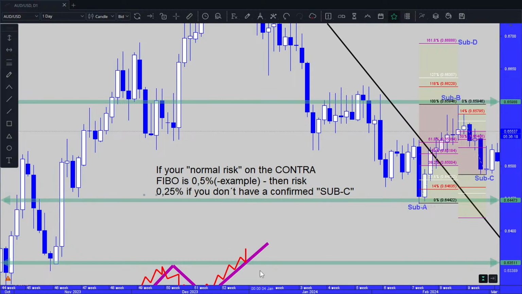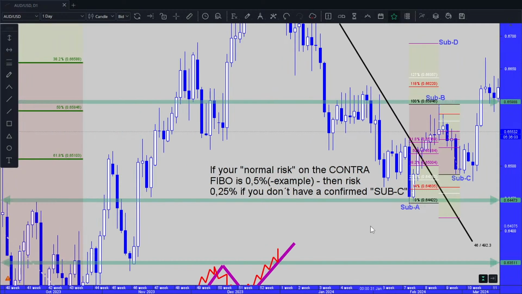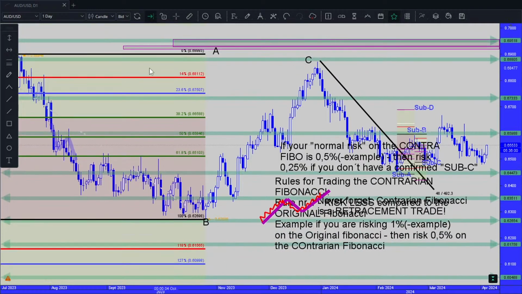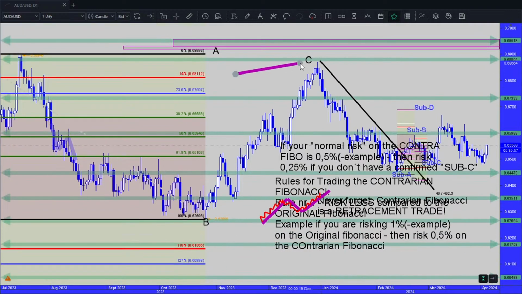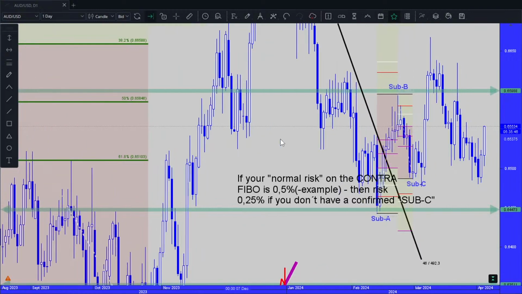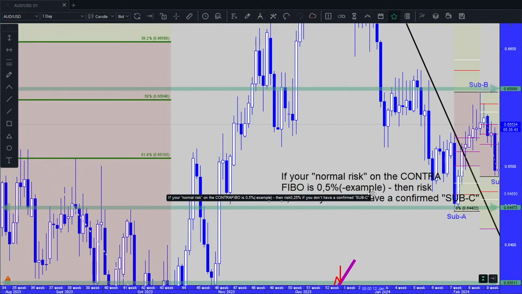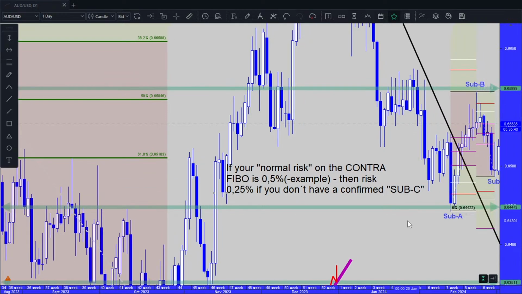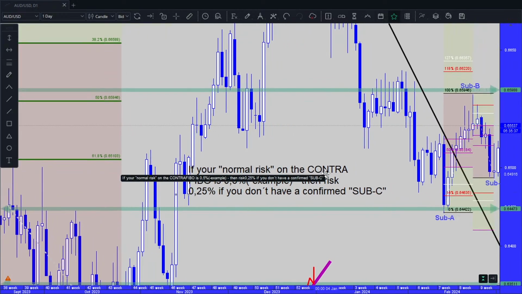Does the capital C depend on the first contrarian Fibonacci? Sometimes yes, sometimes no. If we're talking about the capital C of the original Fibonacci, the answer is sometimes yes, sometimes no. But if we are talking about the sub-C, alright?